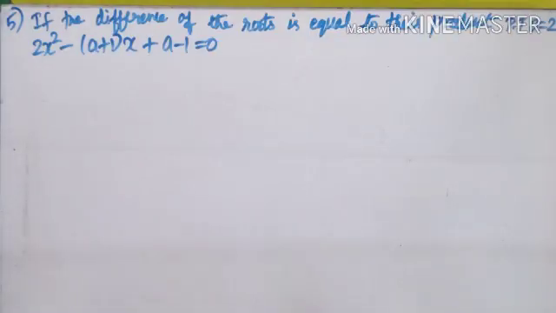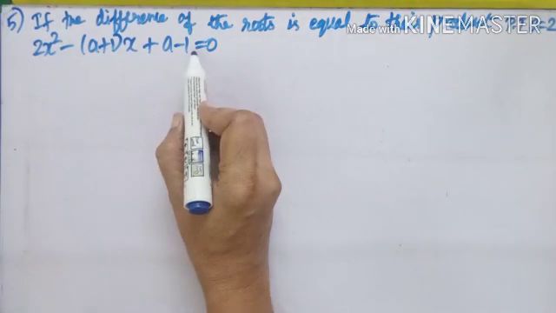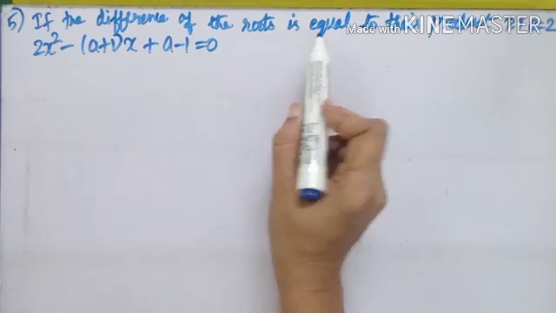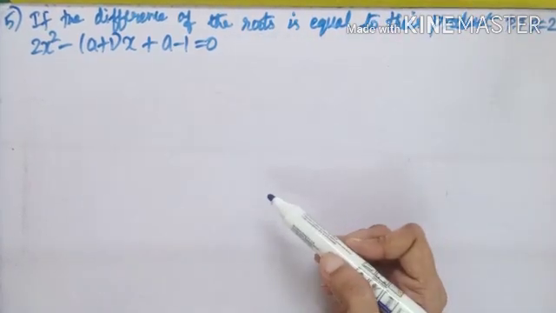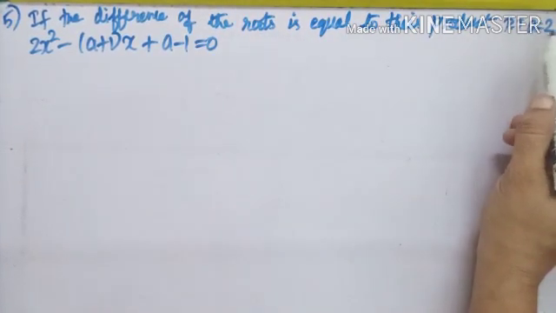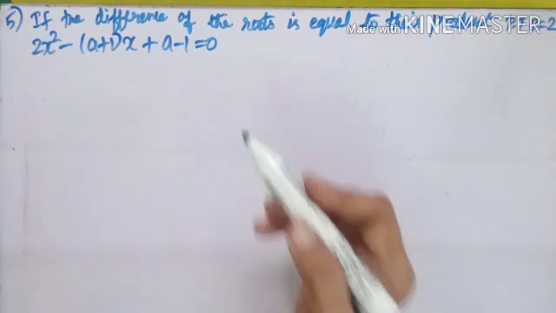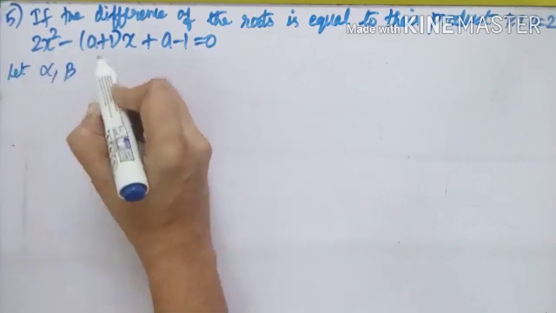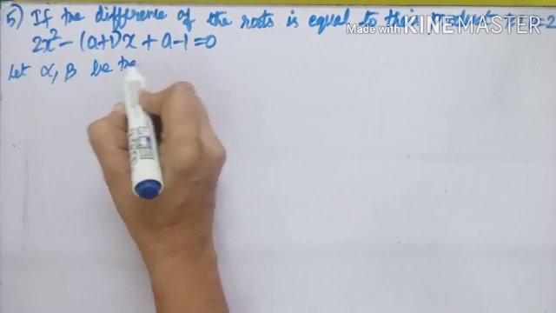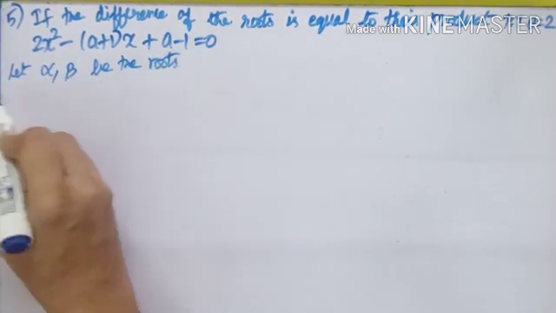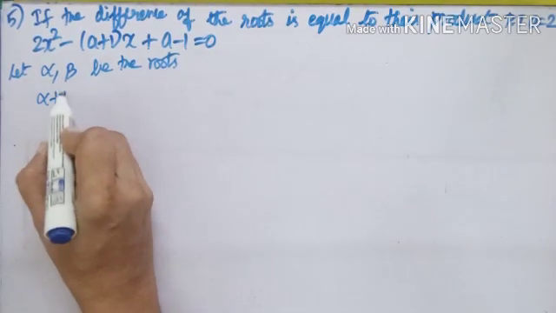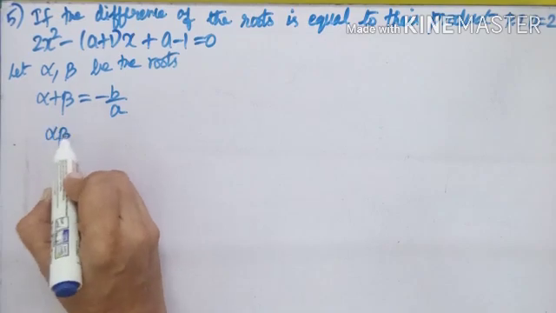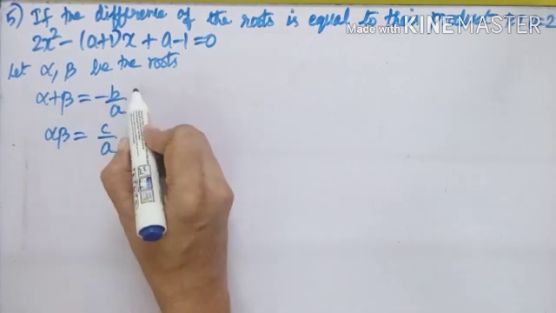Question number 5. Given a quadratic equation and difference of the roots is equal to their product, we want to show that a value is 2. First, let us proceed. Let alpha comma beta be the roots. What is alpha plus beta? Minus b by a. Alpha into beta is c by a.